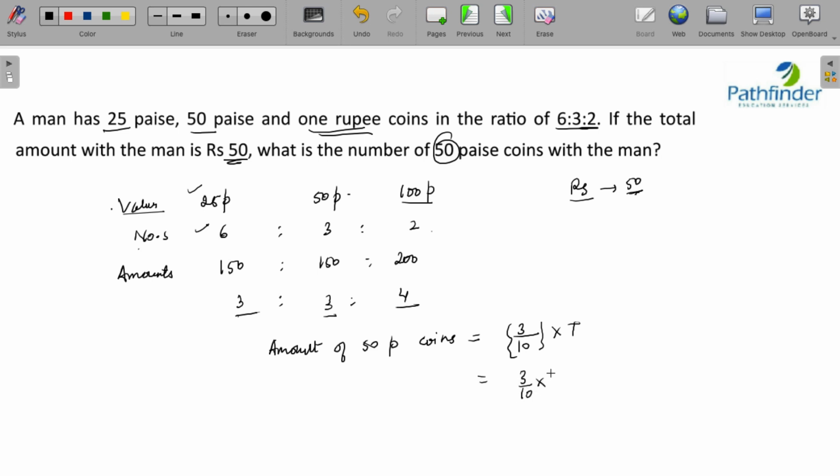The total amount is 50 rupees. So 10 fives are 50. So we have 15 rupees in the form of 50 paisa coins. Now for 1 rupee you need 2 50 paisa coins. So for 15 rupees you will need 15 into 2, that is 30 50 paisa coins, which is your answer.